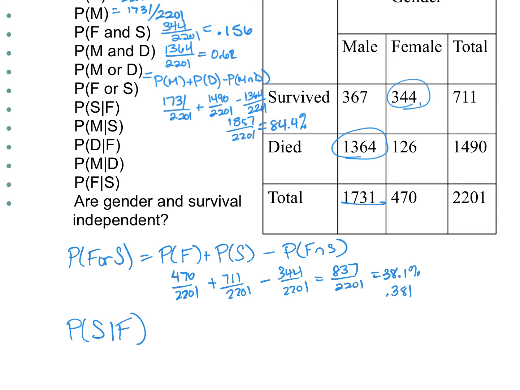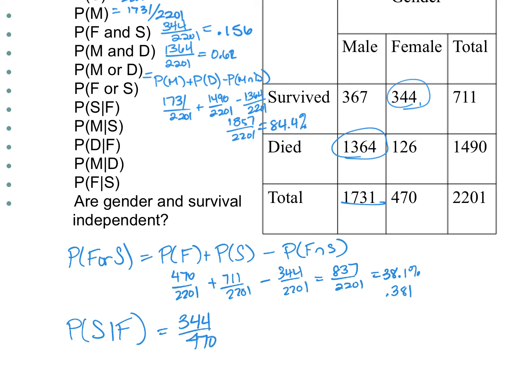What's the probability that they survived, given they were female? When we're looking at a contingency table like this, the probability they survived given they're female, we can limit our denominator to the female column. So we're looking at only the females. That would be 344 out of 470, right?